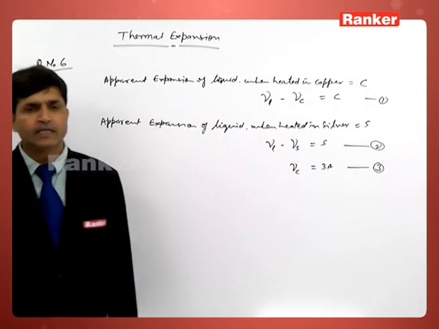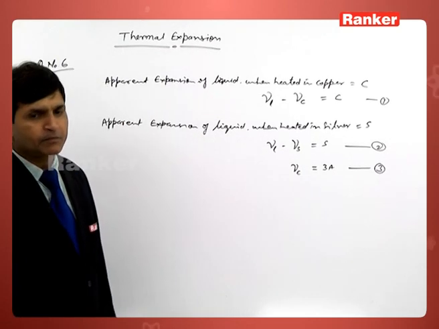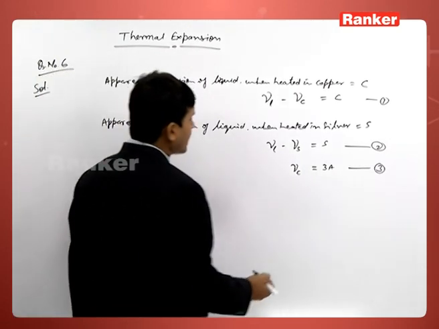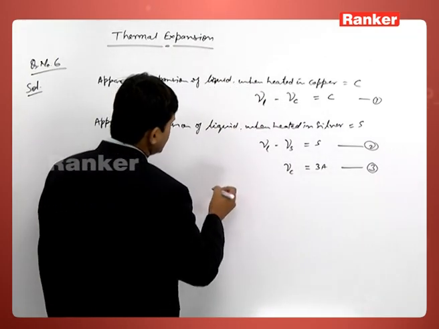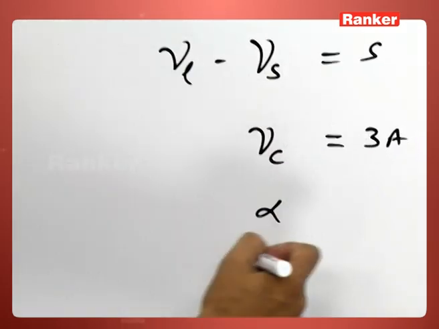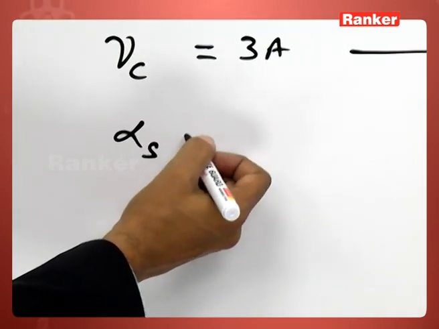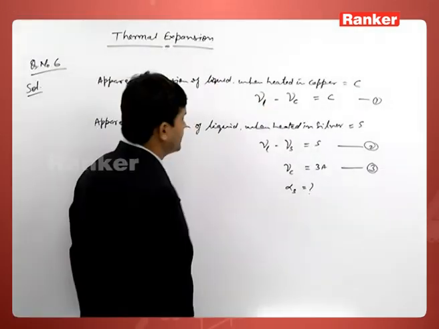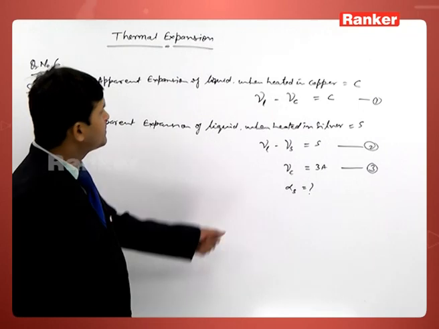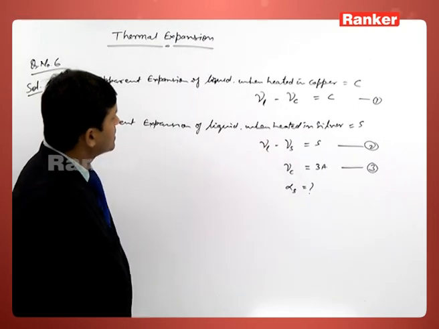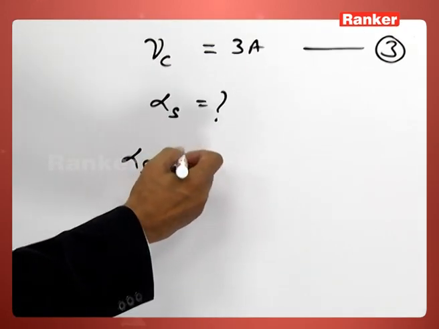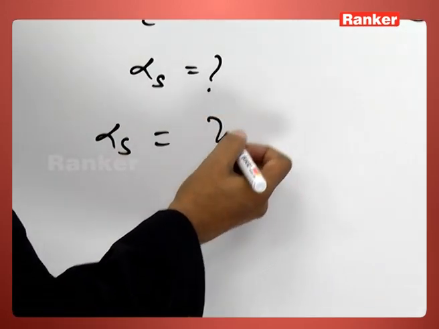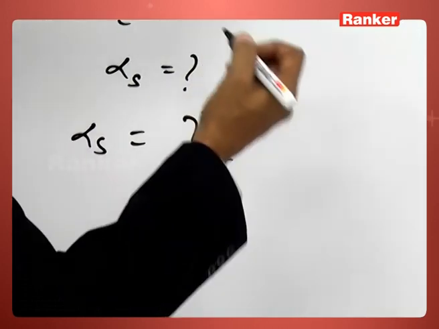And they are asking for the linear coefficient of expansion of silver, alpha for silver. This we have to determine. So first we will determine gamma silver. Alpha silver is gamma silver by 3.